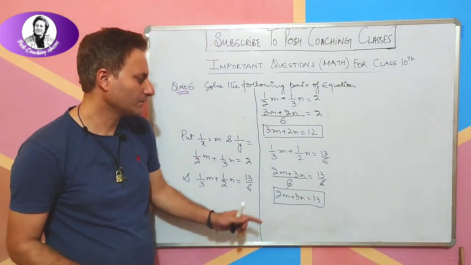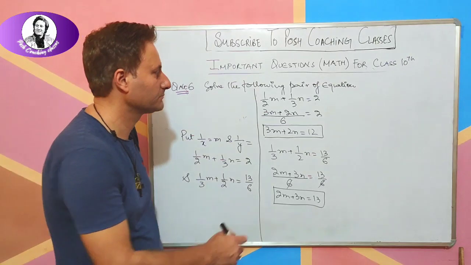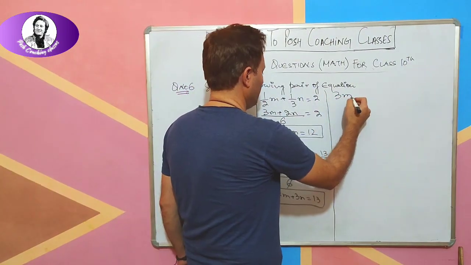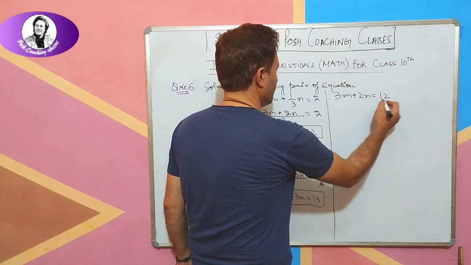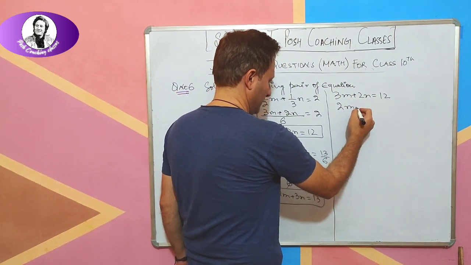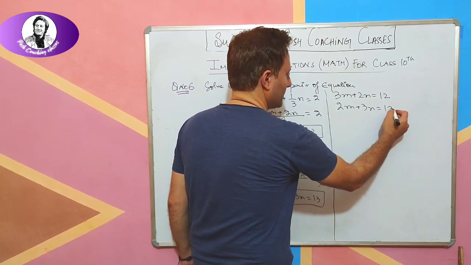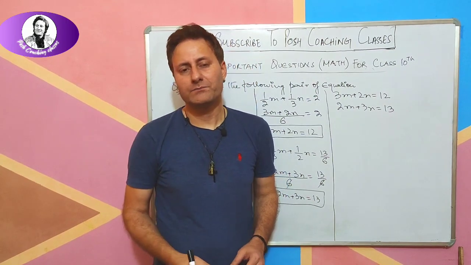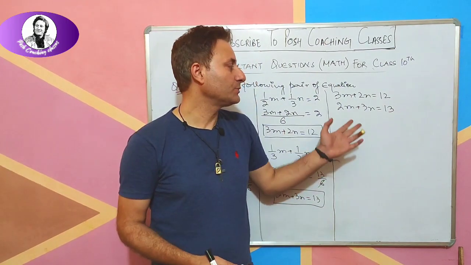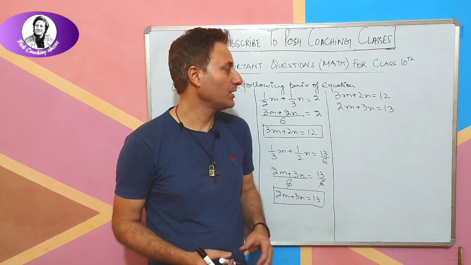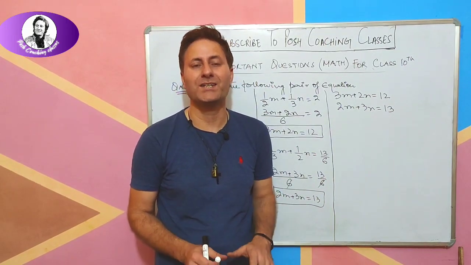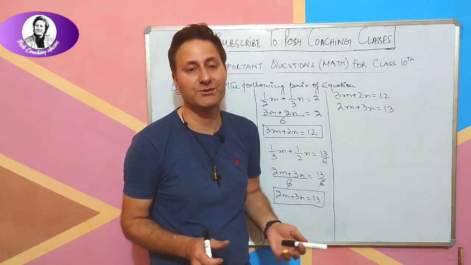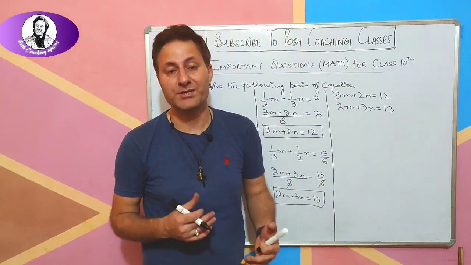So now I have two equations here. Right? So I will take two equations. 3m plus 2n is equal to 12, and 2m plus 3n is equal to 13. Now what to do? Now we have, to be precise, 3 ways to do these kind of questions. Now it is our choice, because in the entire question it is just not mentioned which procedure to follow.